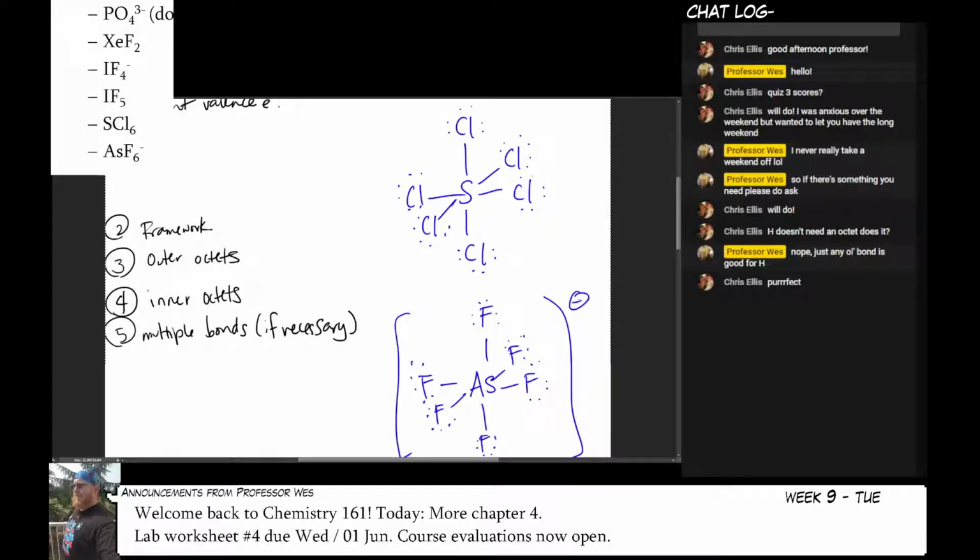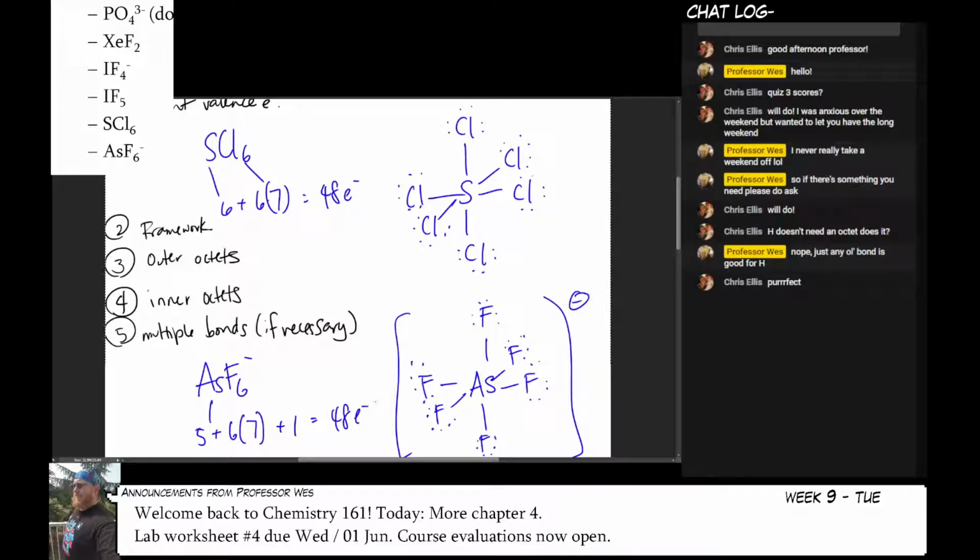Something you will notice as you do these structures is that if the electron counts are the same, you get the exact same structure. So for example, SCl6 here has 48 electrons. Down here, this one... Oh, I messed that up. Hold on. There are 6 of them, and each gives you 7 plus 1. 42, 47, 48 electrons.